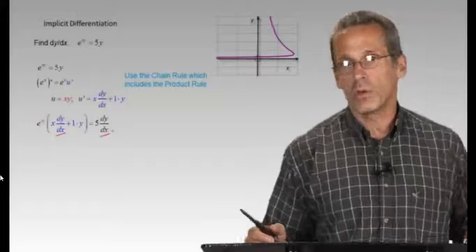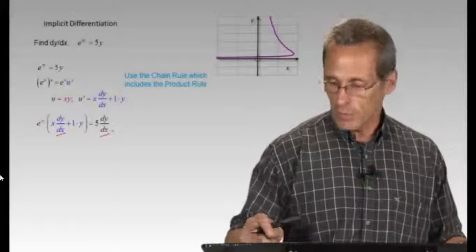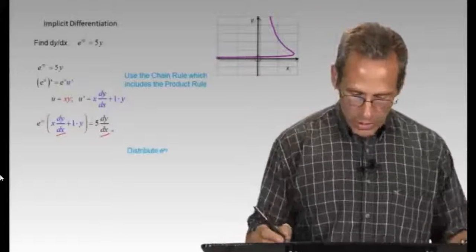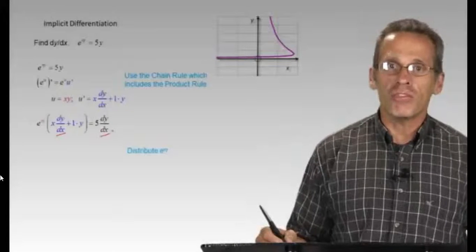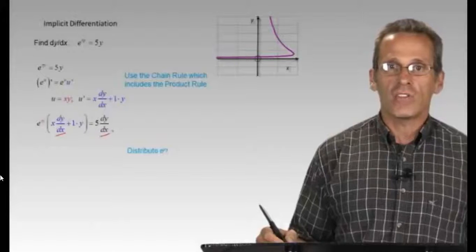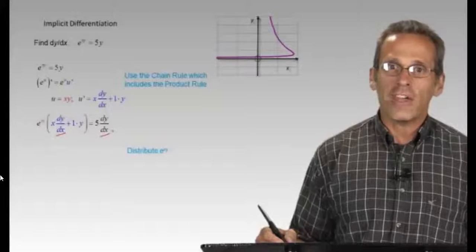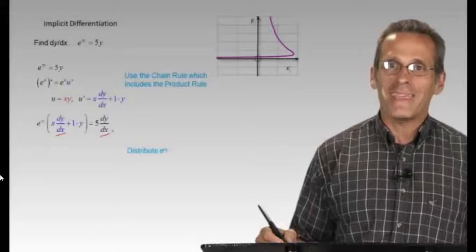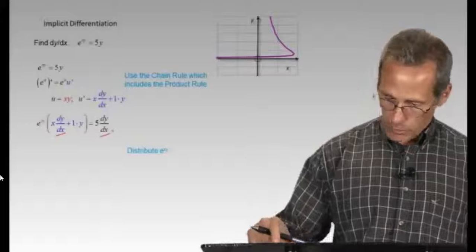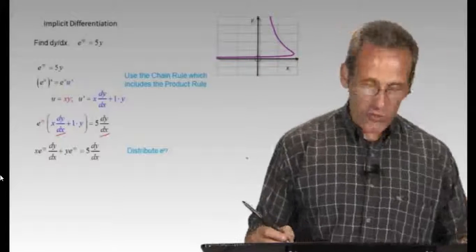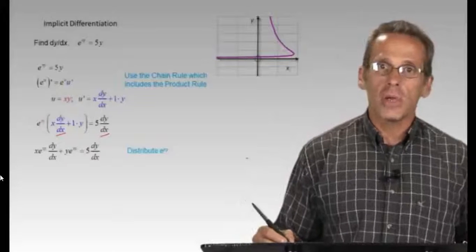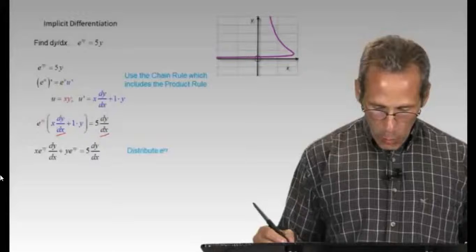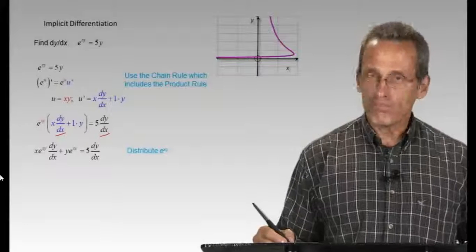So, before we can proceed to group the terms, let us distribute e to the xy through the parentheses so that we can see the terms added or subtracted without being embedded in parentheses. We have x e to the xy times dy/dx plus y times e to the xy.